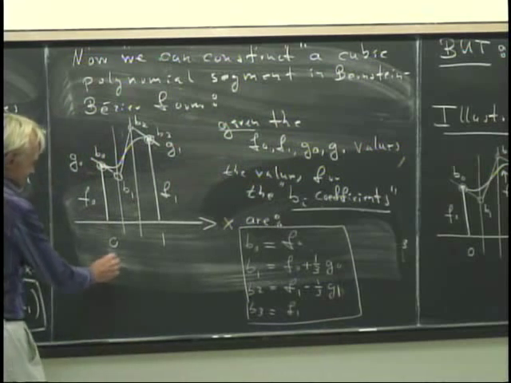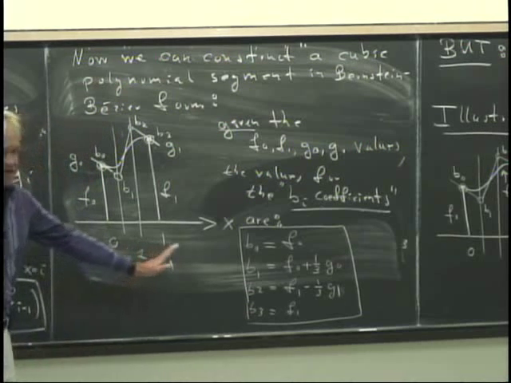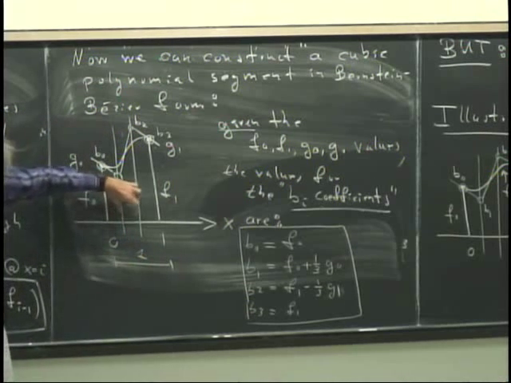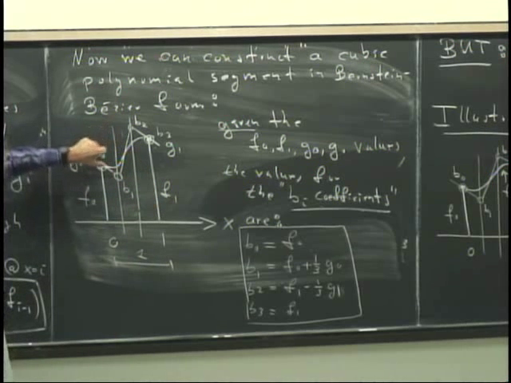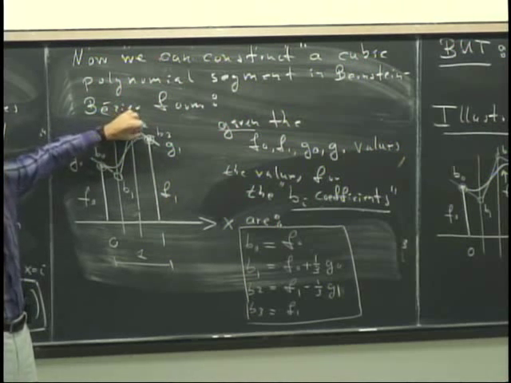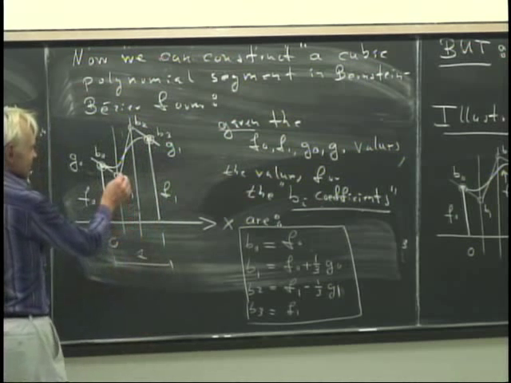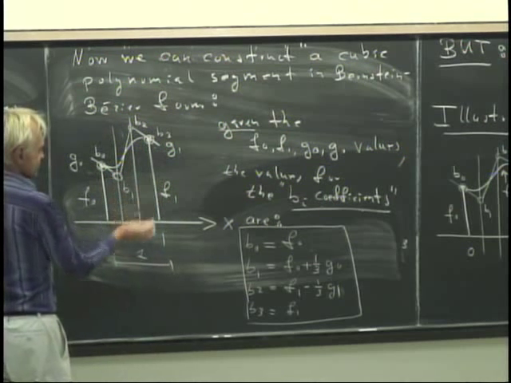Okay. Where does the 1/3 come from? The 1/3 is related to the fact that this thing is of length 1, that these distances are 1/3, and that you are going in this direction at the slope of G0, and here you go backwards, minus, with the slope of G1. Okay, that's where that comes from. That's the way you can think of it.